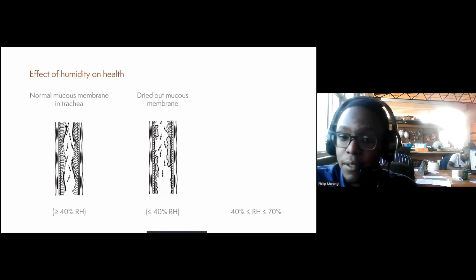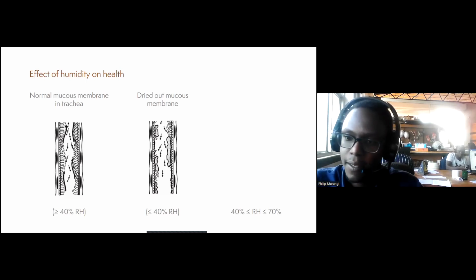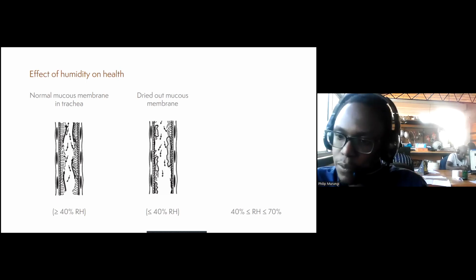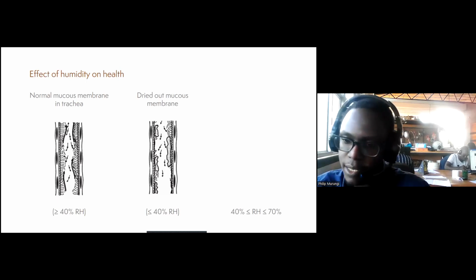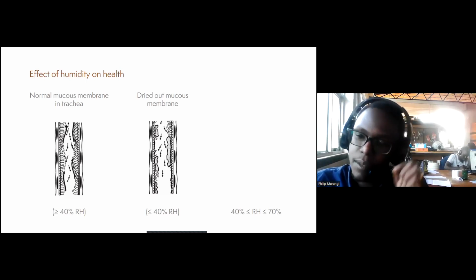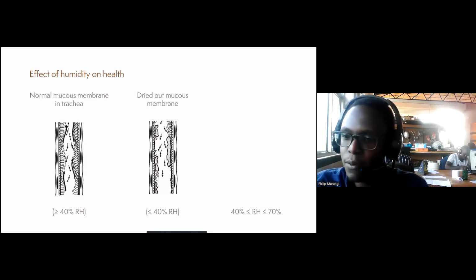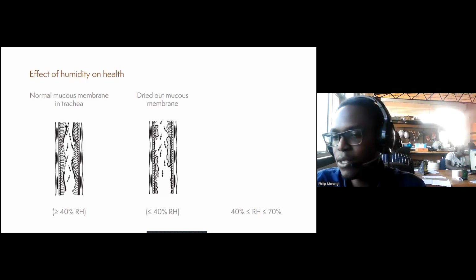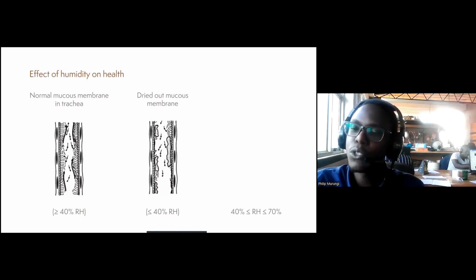On the converse, if the humidity goes higher than 70%, there are other effects you will feel. You will have reduced oxygen intake in the blood. You will have rheumatic pains if you live in a cold place. Fungal buildup is much higher when humidity rises above 70 or 80%, and there are even more spores.